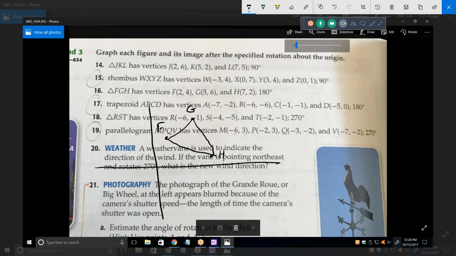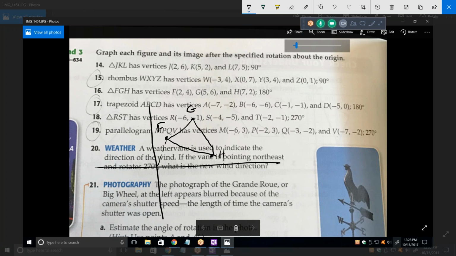Now, when you rotate about the origin, you just take any vertex you want. Let's call F. I'm going to connect it to the origin with a dotted line, and that dotted line is what I'm going to rotate. In this case, I'm going to rotate it 180 degrees.